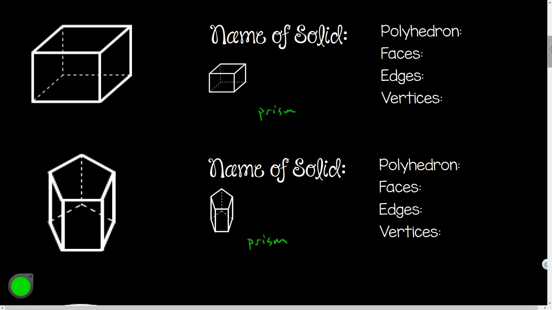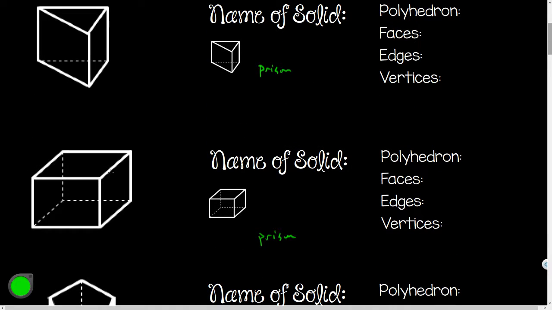First I'll specify this: a prism is going to have two faces that you could perceive as being the top and bottom of it. We'll call those faces bases. And the prism is going to be named based on the shape of its base.